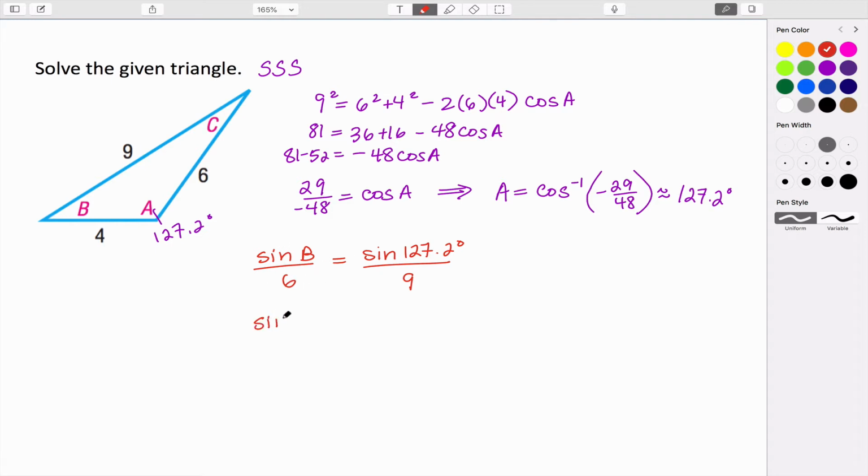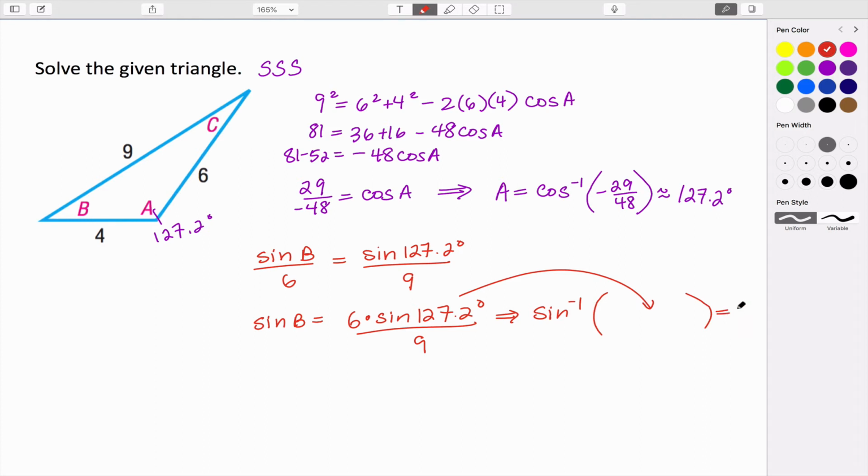We get that the sine of B equals 6 times the sine of 127.2 degrees divided by 9. Take the inverse sine of all of this, and that's going to equal the measure of angle B.